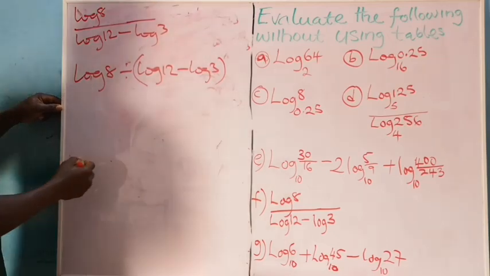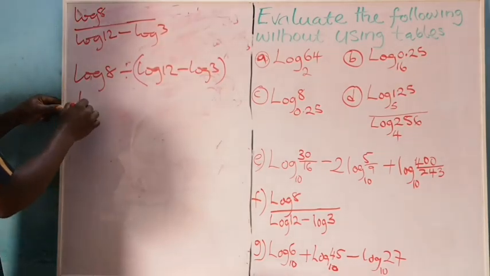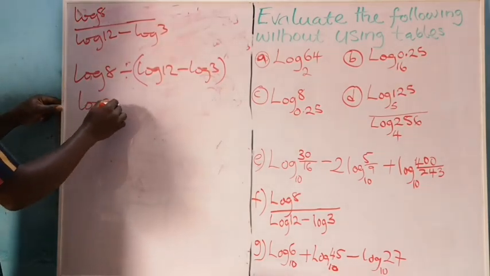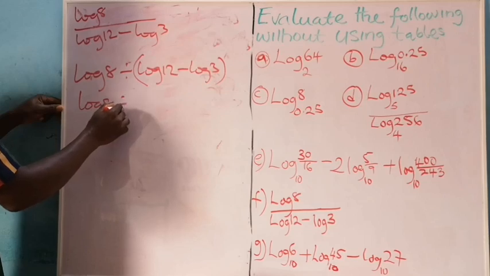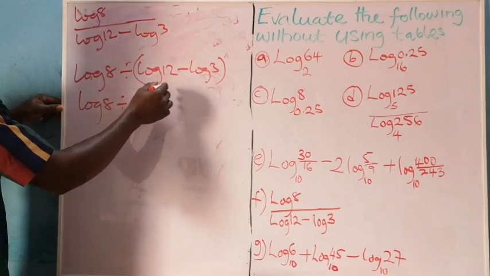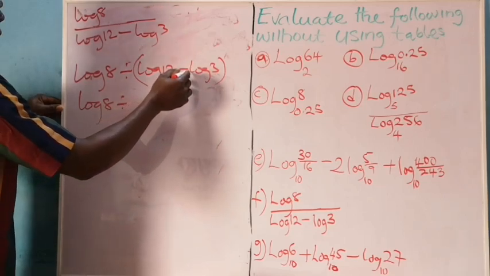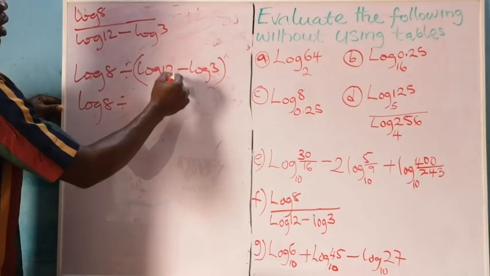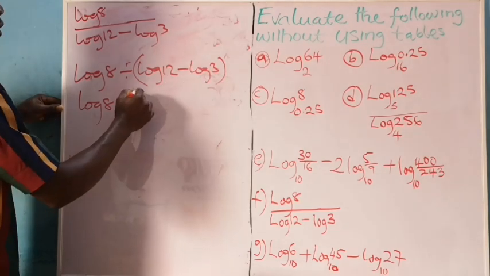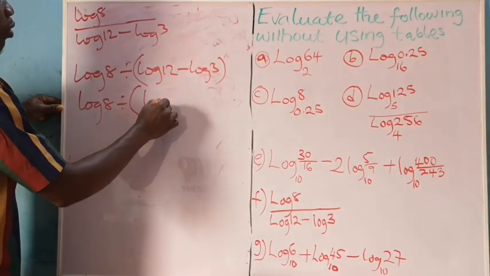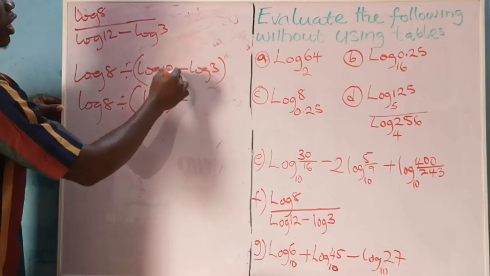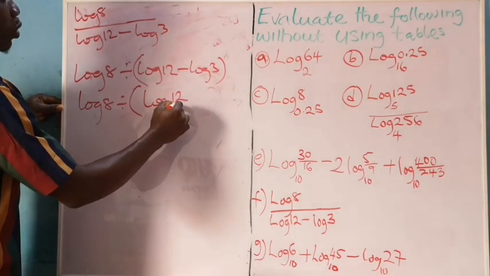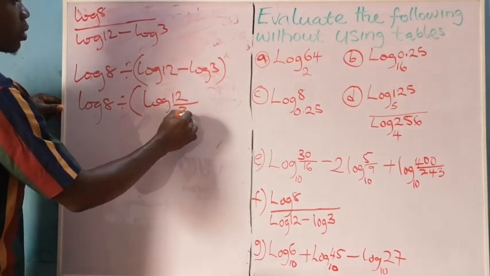Okay, now we have log 8 divided by, over here we are going to apply the law of logarithm here, so that we will now have in bracket log 12, because of this subtraction sign, to now be divided by 3.